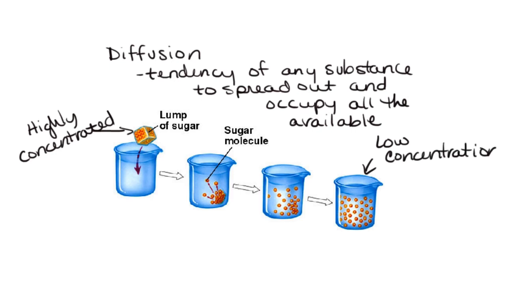So diffusion is the tendency of molecules to want to move from a high concentration to a low concentration. The molecules are going to spread out so that they get to that low concentration. And when they take up all of the available space, they are reaching the lowest concentration that is possible for them in that given circumstance.